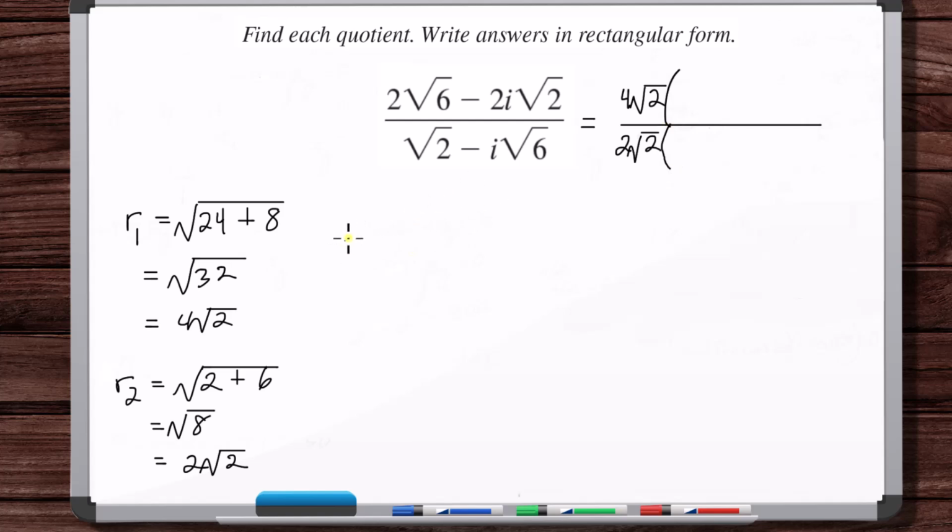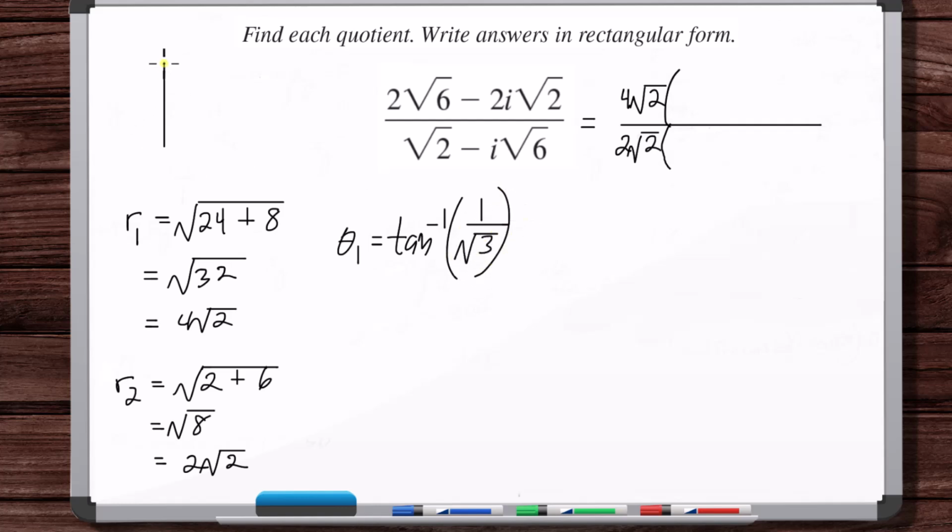Now in the numerator, the angle is going to be, the y is minus 2. We'll just leave it positive. 2 root 2 over 2 root 6, we see that's going to be square root of 2 over 6, that's square root of 1/3, so 1 over root 3.